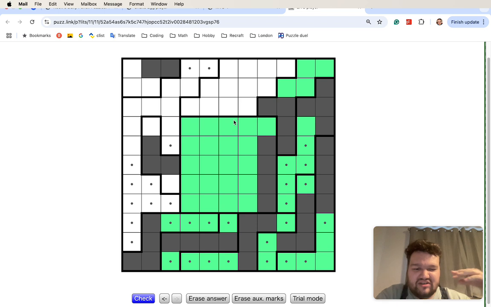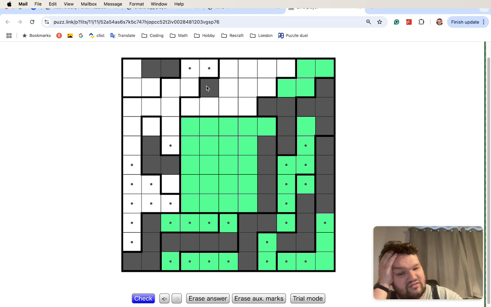So I must build a bridge. So if I connect here, then I will need to go like this. Well, that seems to work, actually, yes.